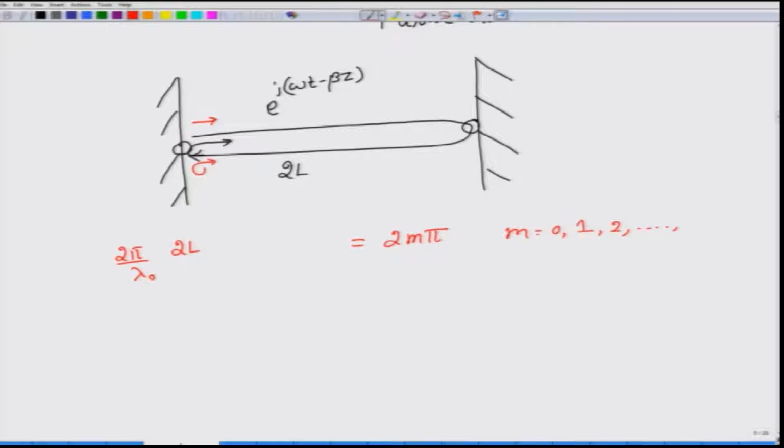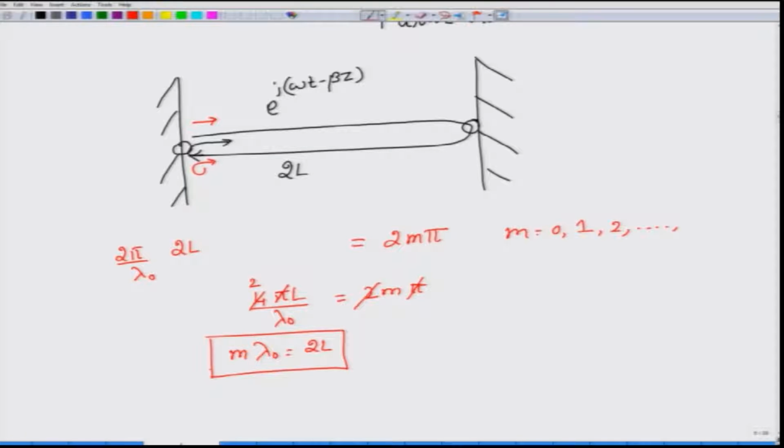This can be rewritten as 4 pi L by lambda 0 equals 2 m pi. Pi on both sides cancels, 2 on both sides cancels, and what you see is that lambda 0 times m must be equal to 2L.